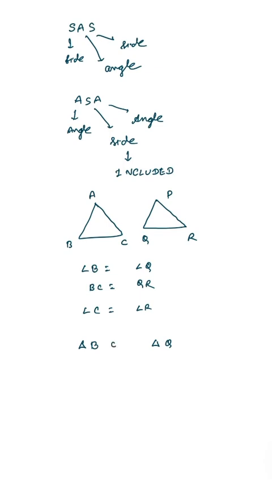Now we have to take care of the order. Corresponding to B we have to write Q, similarly corresponding to C we have to write R, and in this manner we are ensuring that BC and QR are in the same order.